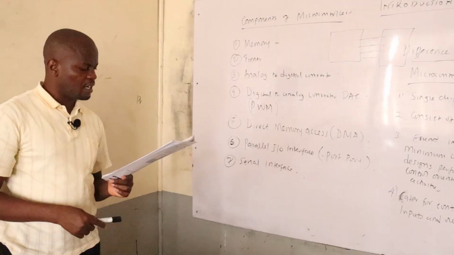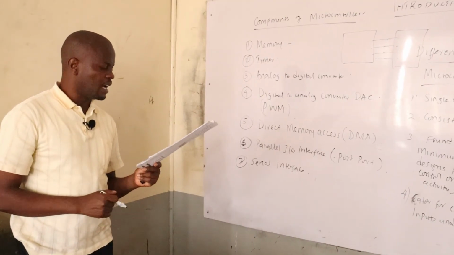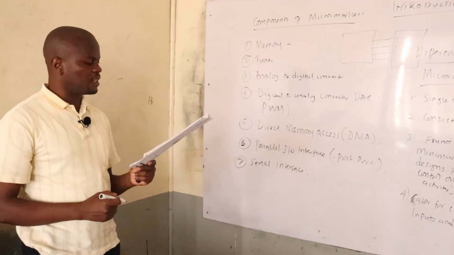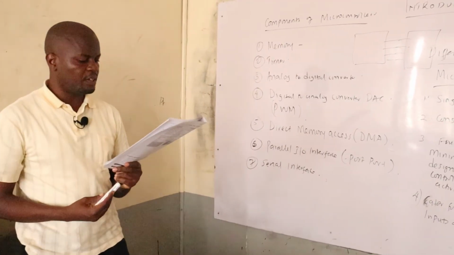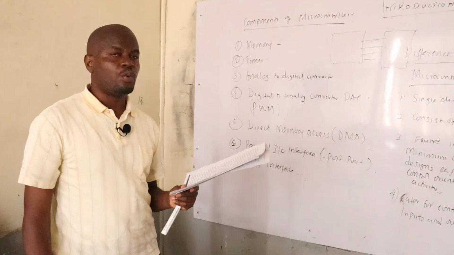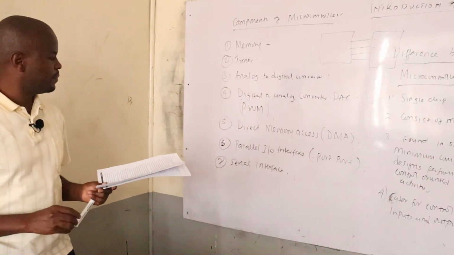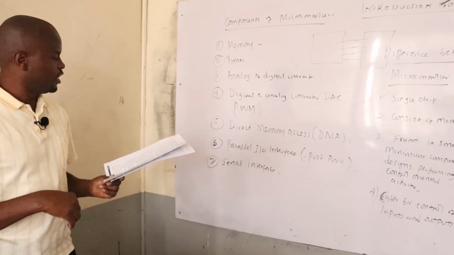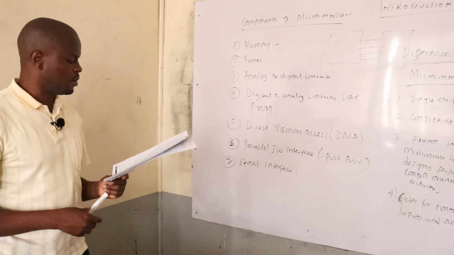There are two ways by which this serial interface can be achieved. There is the asynchronous serial interface, which enables the data bits to be transferred serially without using a clock signal to synchronize the sender and the receiver.